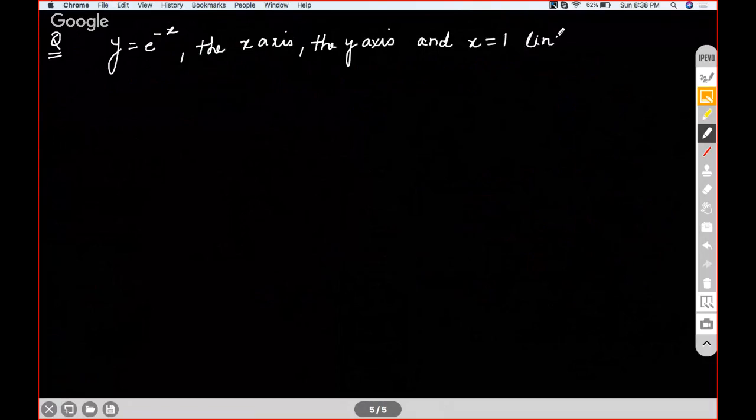Base is made up of this curve, the x-axis, the y-axis, and a line x equal to 1. This constitutes the base. Each cross section perpendicular to the x-axis is a square.